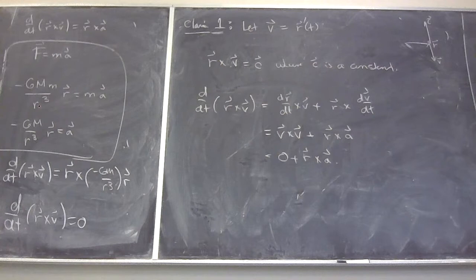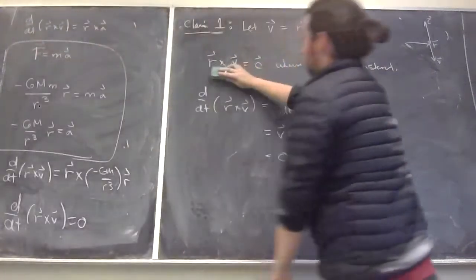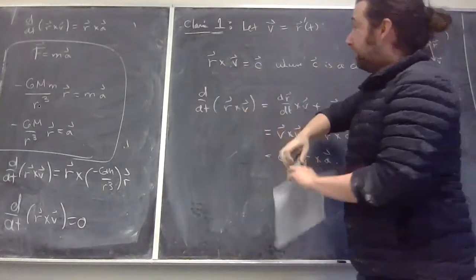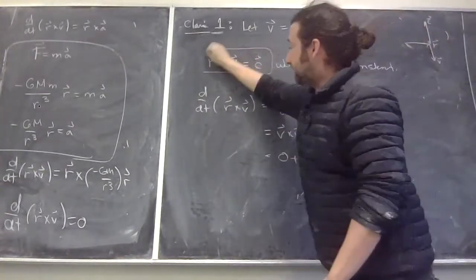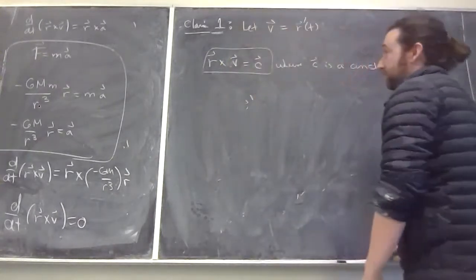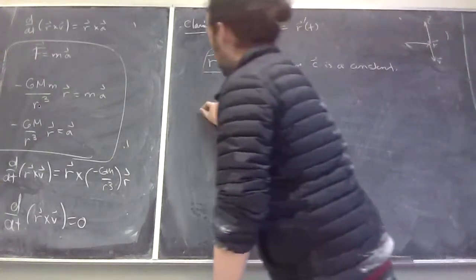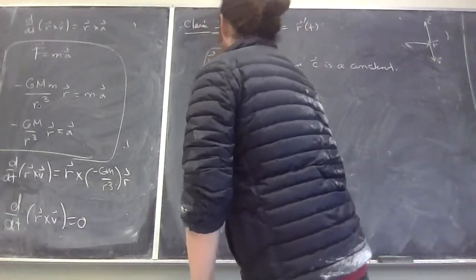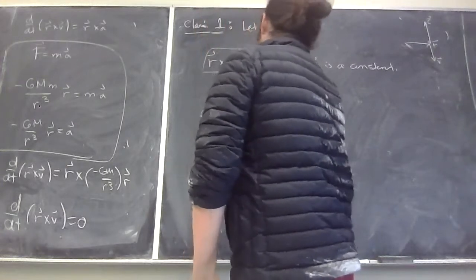Now what? The derivative of this cross is 0. What I wanted to know was about this vector, right? I'm trying to show it's equal to a constant. And what I've got is that d by dt of r cross v is equal to 0.